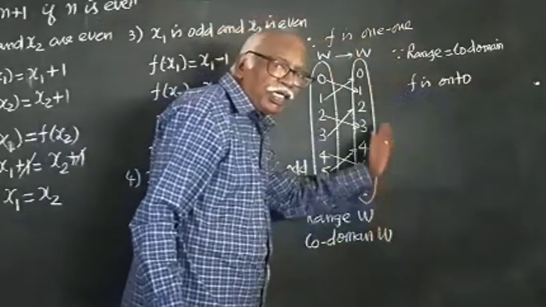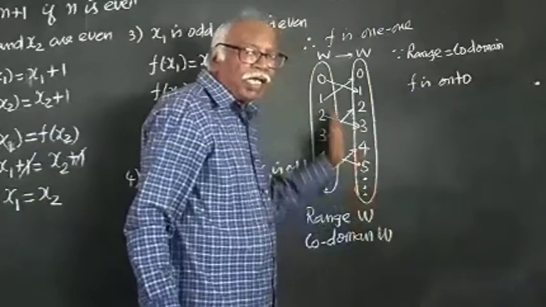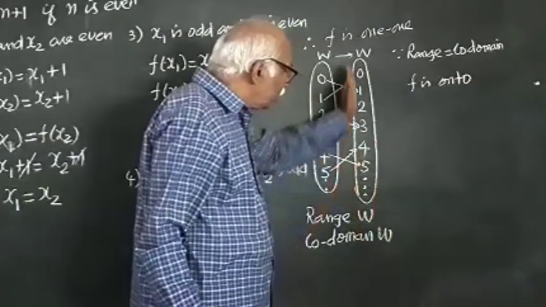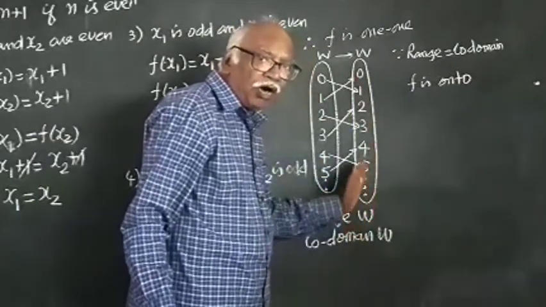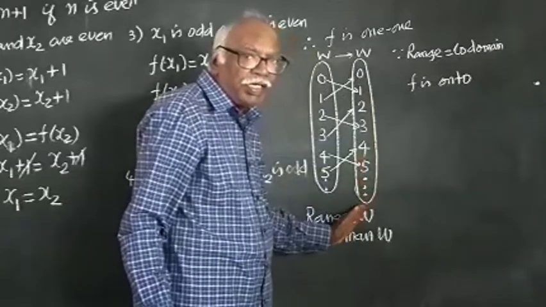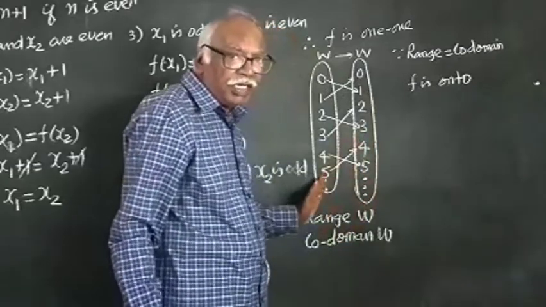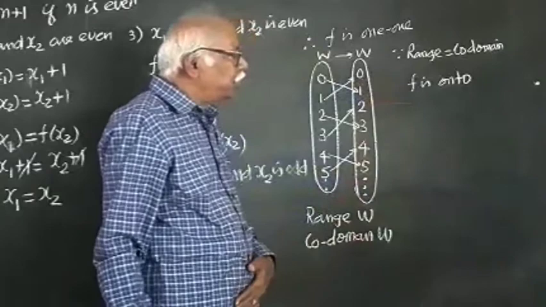Every element in the codomain has a pre-image in the domain. No element is left over here. All the elements in the codomain have a pre-image in the domain. Therefore, f is onto.